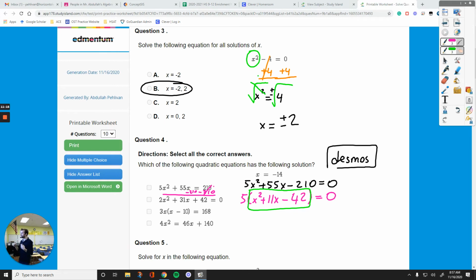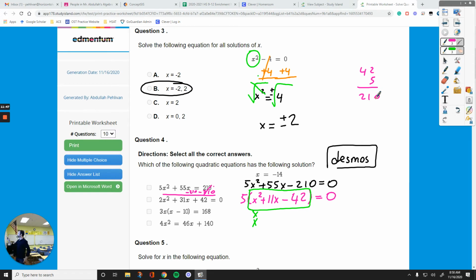So for this, the trial and error method is like, break it down, x times x, and then break the 42 down. Let me see if I can find 11. Let me just simplify it over here. 42 divided by 2 is 21.